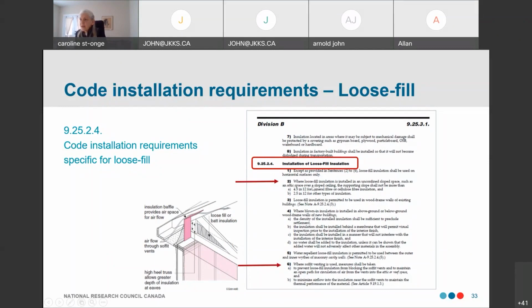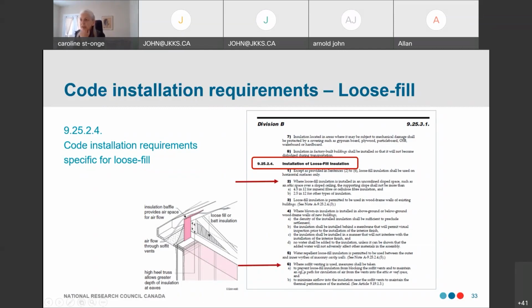Under 2, it says if you use loose fill insulation within open space, such as an attic, for example, then the supporting slope shall not be more than 4.5 in 12 for mineral fiber or cellulose fiber, and not more than 2.5 in 12 for other types of loose fill insulation.